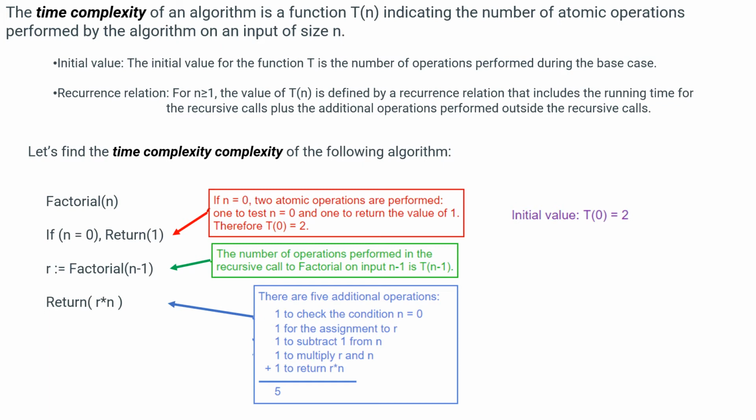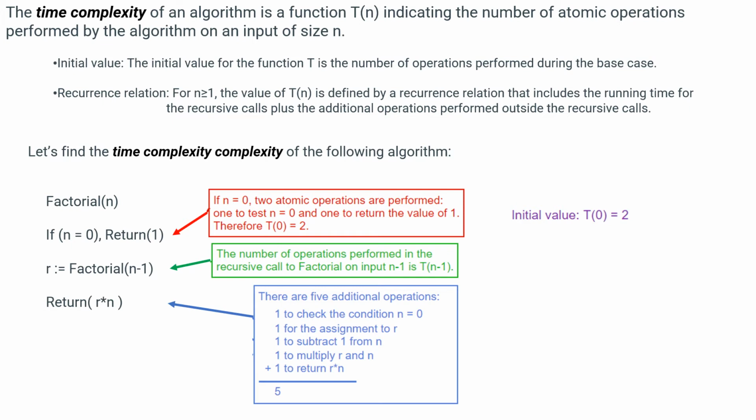Then we have an assignment to r. Whatever we get back from this factorial n minus 1 goes to r. Then we subtract 1 from the n so that we can put it into the factorial function or algorithm. And then we have to take r and multiply it by n.